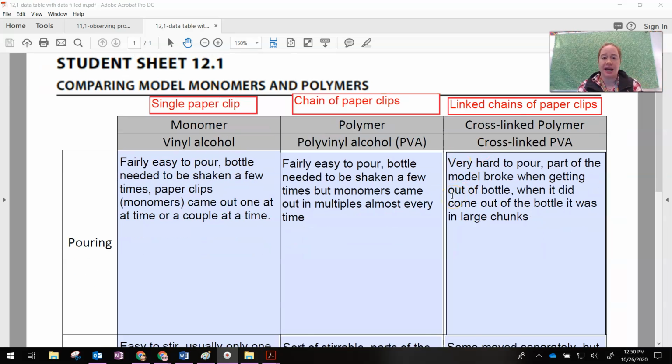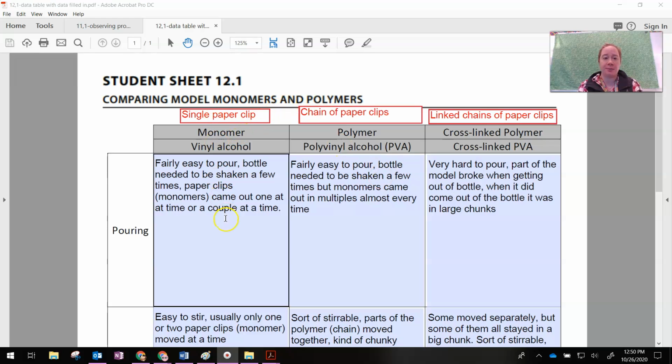And you can see that we used a single paper clip to represent a monomer, the chain of paper clips to represent the polymer, and the linked chains of paper clips to represent that cross-linked polymer, okay? So we saw the changing in properties based on our model. And the important thing to realize is that our model did represent those properties that we actually saw in activity 11, which was on Friday.